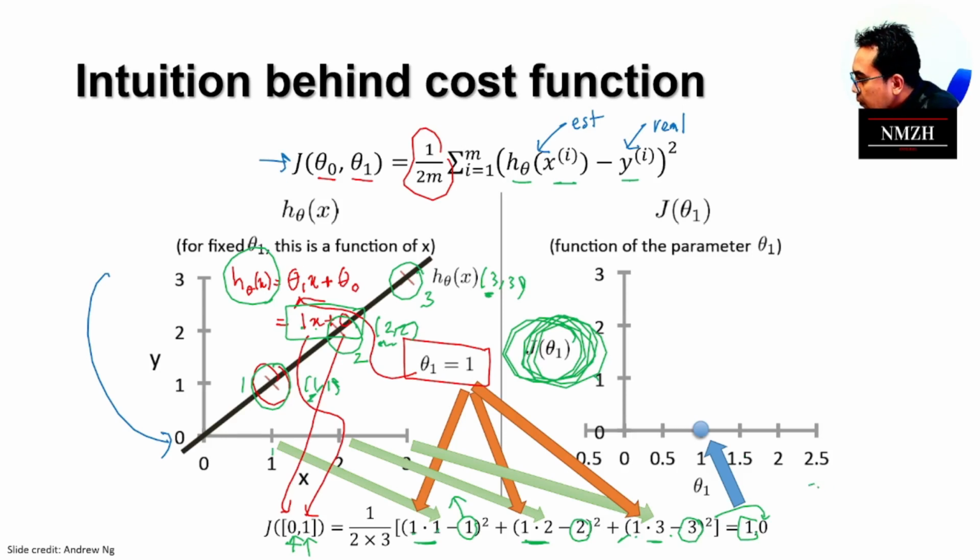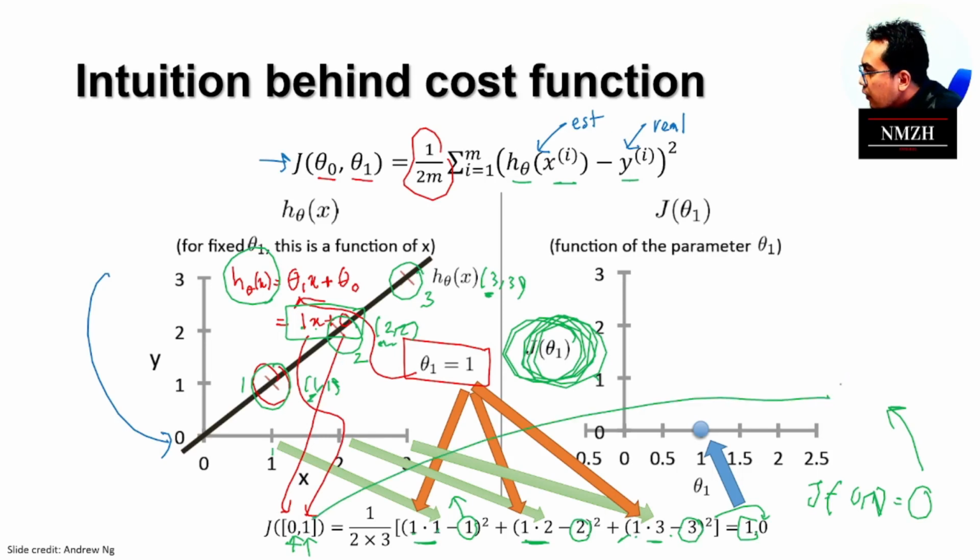So the reason why I put it here, J(0, 1), the answer is 0, guys. But when we plot to the graph, we need to plot theta 1 over here with 0. So what is theta 1? Theta 1 is 1. So the location for the plotting is 1, 0. That's the reason why the dot in J(theta 1) is here, guys. So be careful. We try to portray the function of y and x in the cost function graph.